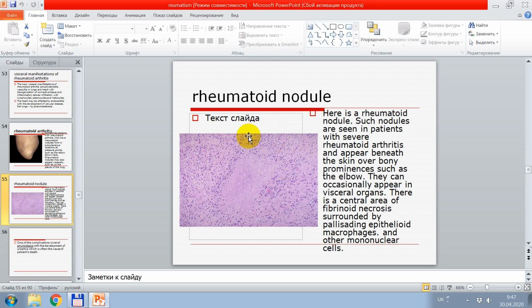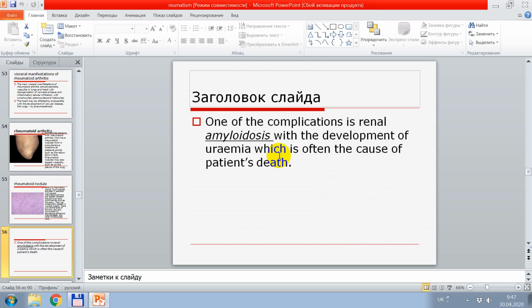There is a central area of fibrinoid necrosis surrounded by palisading epithelioid macrophages and other mononuclear cells. One of the complications is renal amyloidosis with the development of uremia, which is often the cause of patient death.